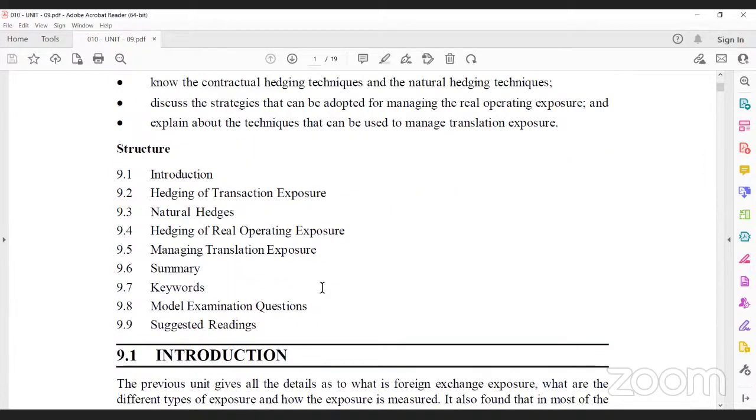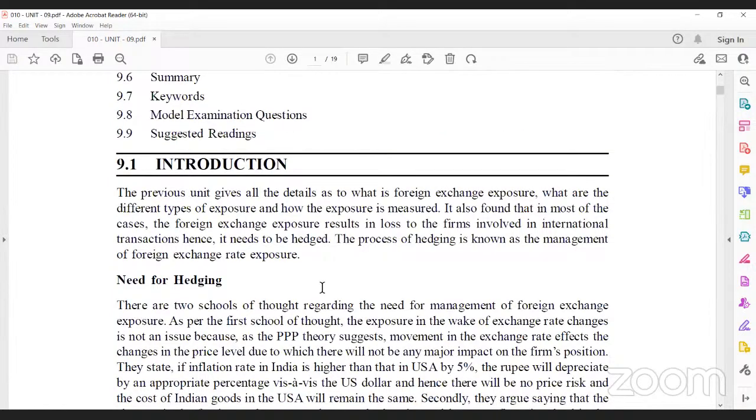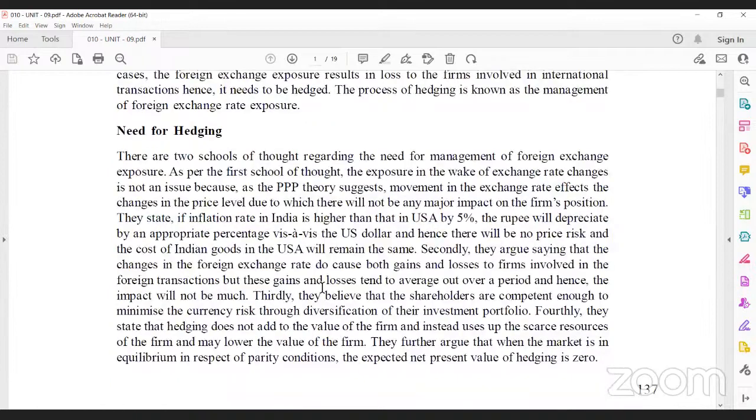So before we move on, let's see why there is any need to hedge. Now this concept of hedging is of two opinions, two schools of thought.